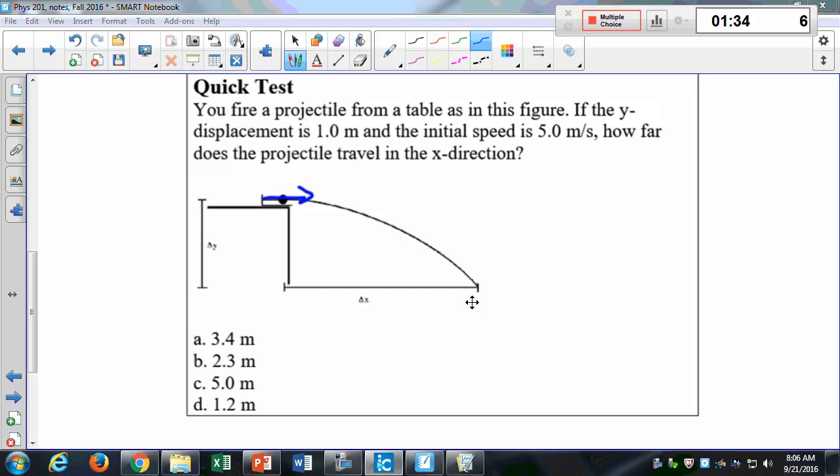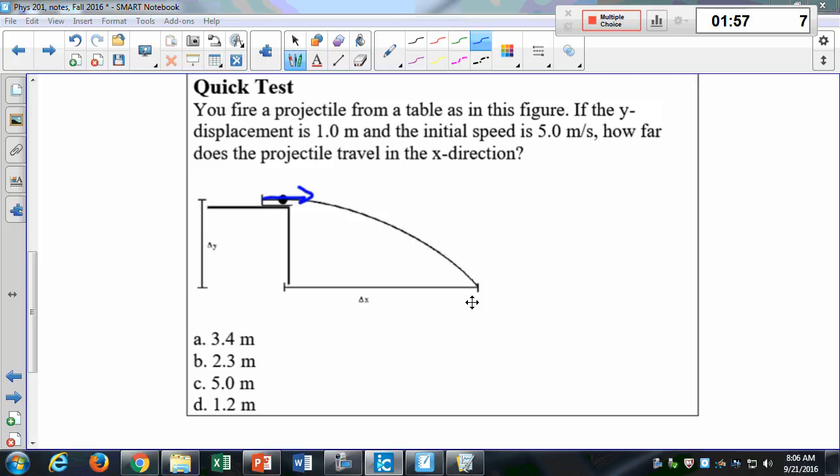The first thing that you want to do in this problem is find the time. What motion do we consider almost always to find the time, the X or the Y? The Y. Yeah, we'll consider the Y. So I have this thing dropping from 1 meter. If I drop something from 1 meter, you ask, how long does it take for that thing to fall 1 meter? That's going to be your first task.